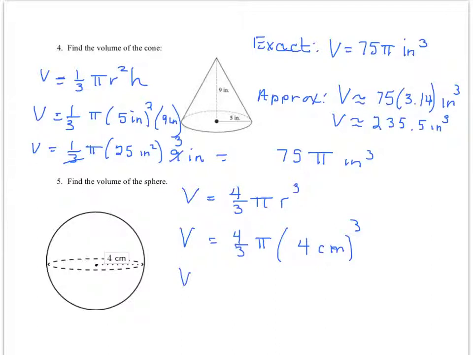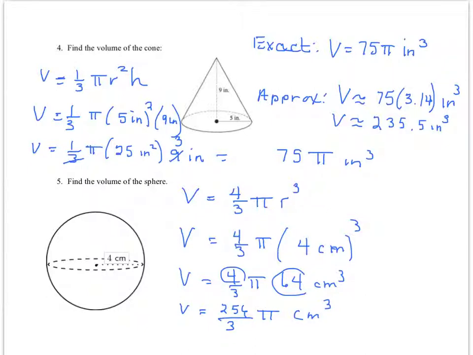So we'll get 4/3 pi, 4 centimeters cubed is 64 centimeters cubed. I'm just going to multiply the 64 times 4, and we get 256. So it's 256 over 3 pi centimeters cubed. And this is the exact volume.